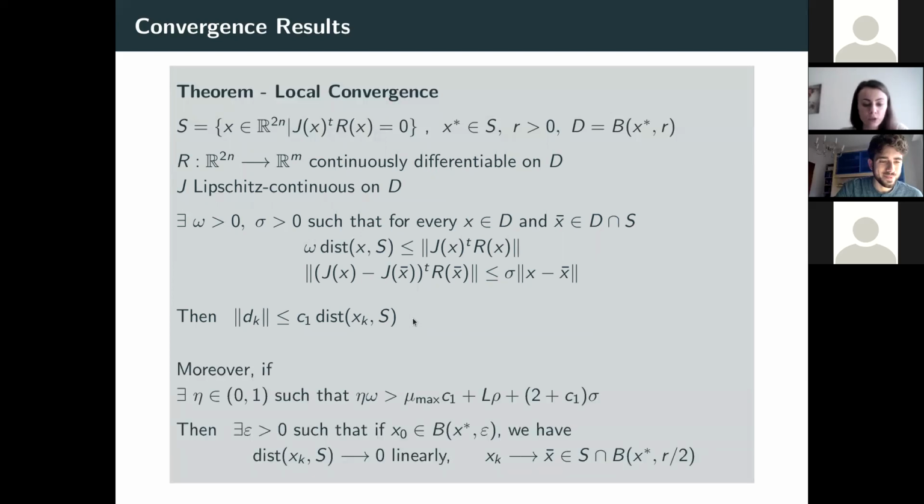And then if we also have that this inequality holds, then we can prove linear convergence to a stationary point. And well, this inequality is one of those additional bounds that I was talking about earlier. So we have mu max here, and then we have C1 that comes from here, and then the constants that appear in the assumptions.